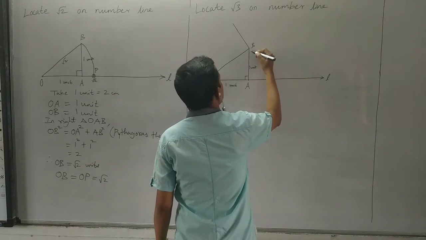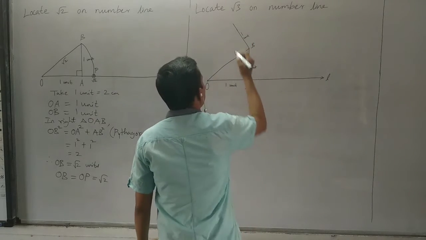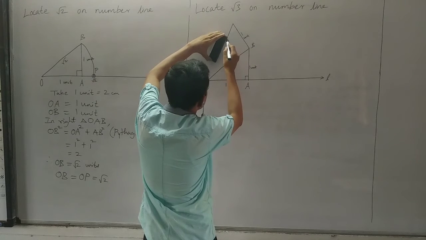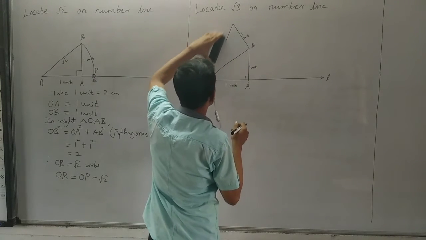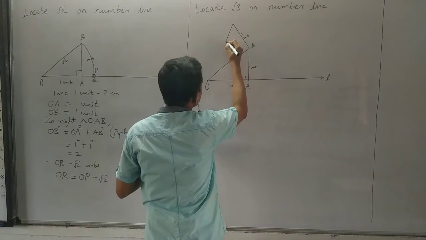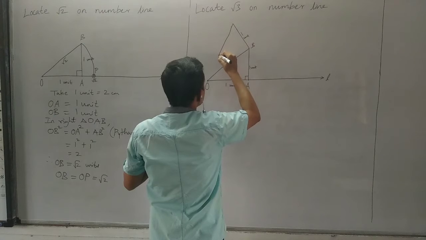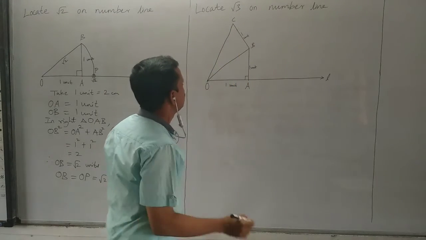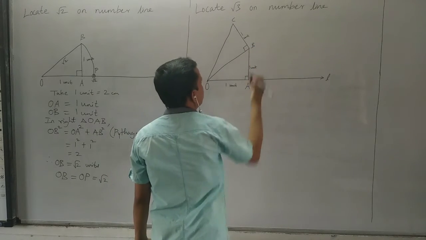Take the same 1 unit measure here, 1 unit, and you join these two. Let it be C. This is the perpendicular.